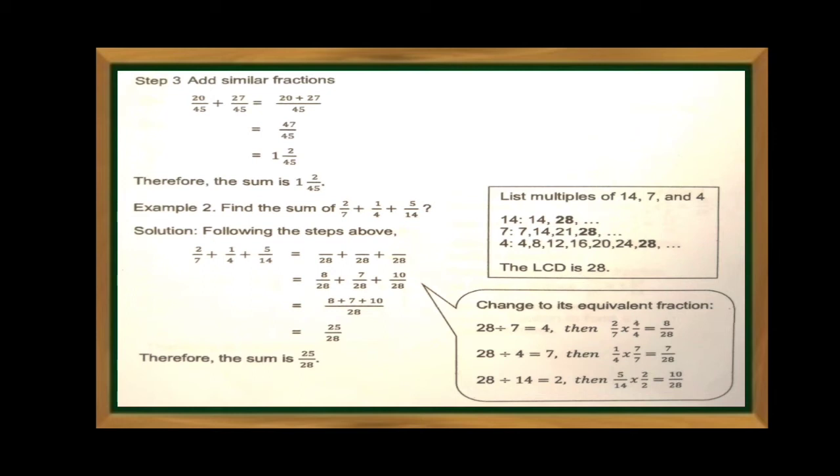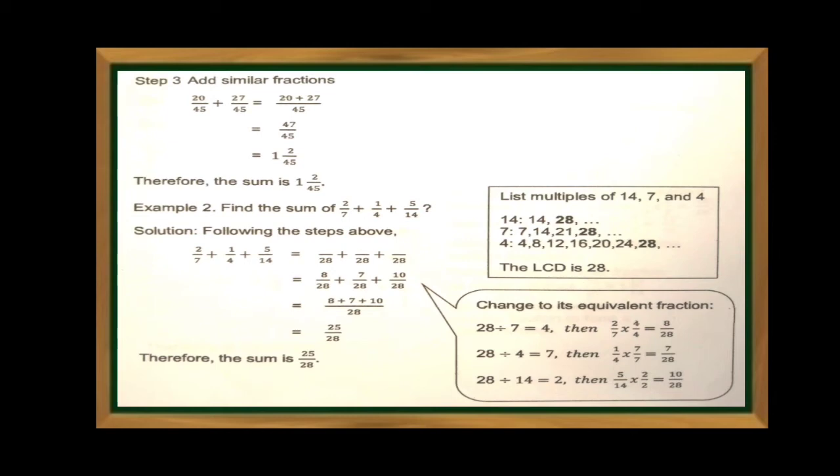So another example. Find the sum of 2/7 plus 1/4 plus 5/14. So again, you have to get the multiples of 14, 7, and 4. So the multiples of 14 are 14, 28, and so on.